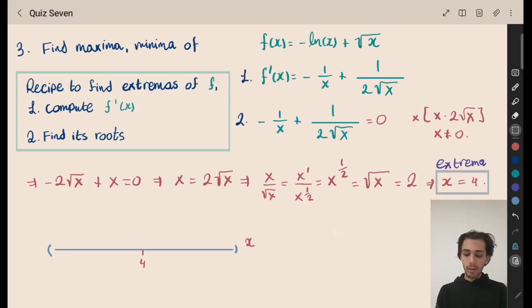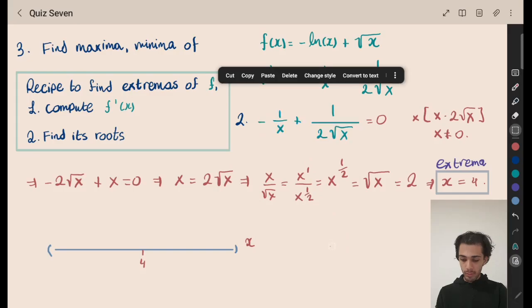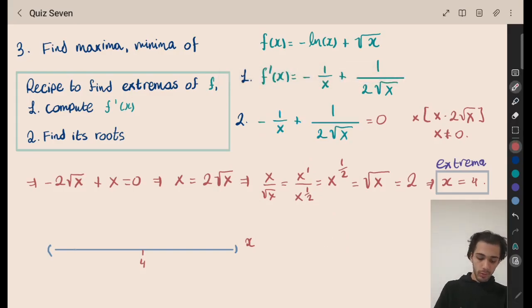So if I plug in a 1, for example, by the way, the least value you can plug in is not 0. It's anything that's positive, because the derivative function is not defined otherwise. So you can plug in anything between 0 and 4, but not 0.